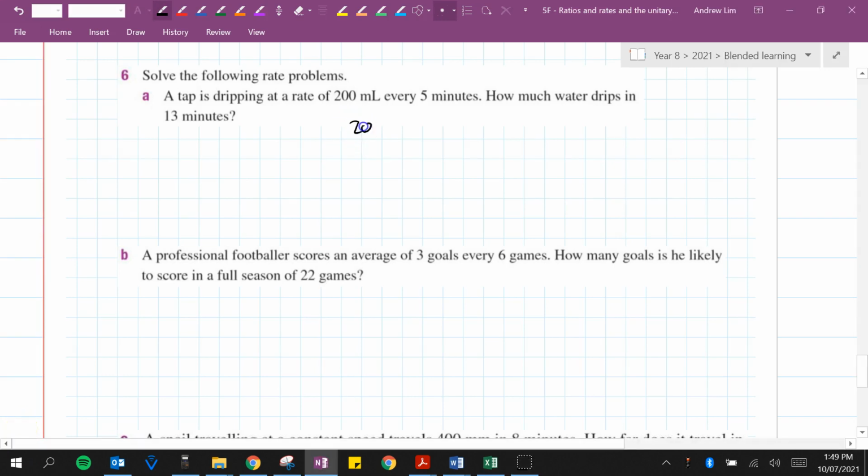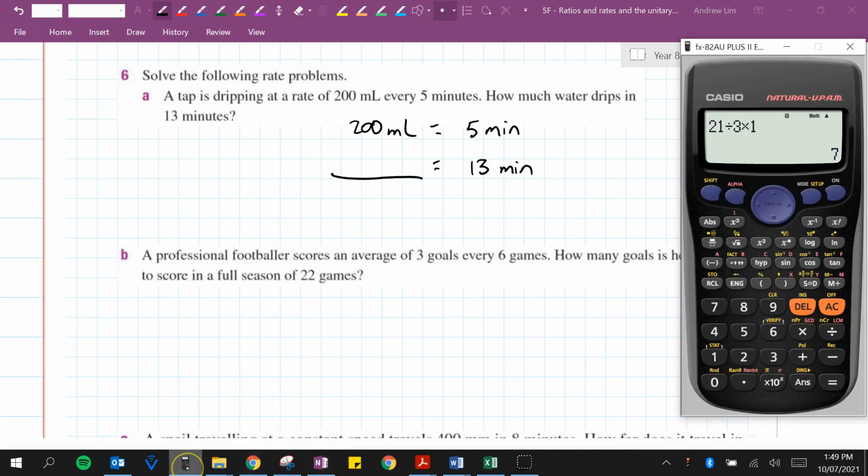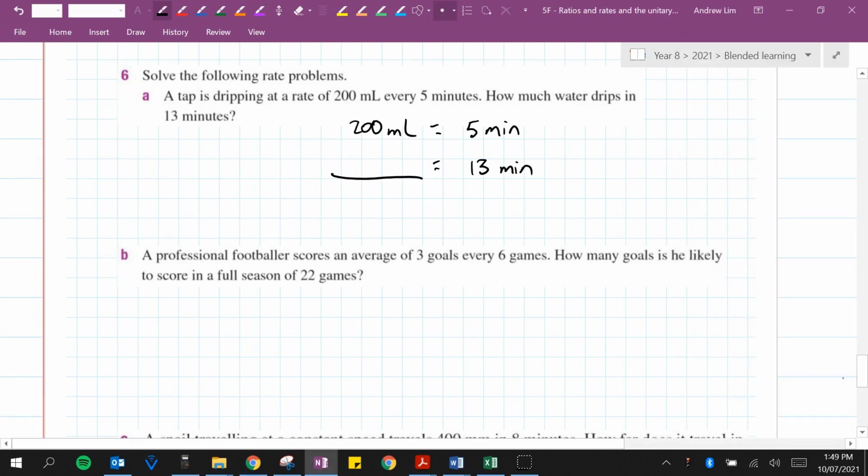Okay, 200 milliliters, 5 minutes. We want 13 minutes. So we'll take our 13 divided by 5 times by 200, 520.